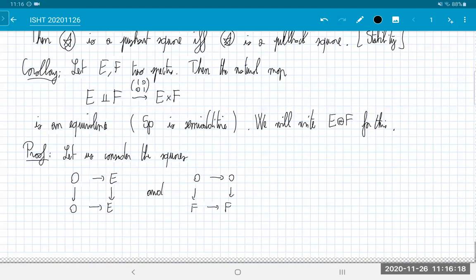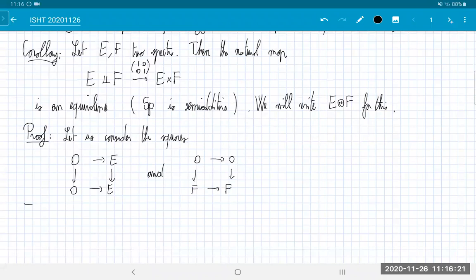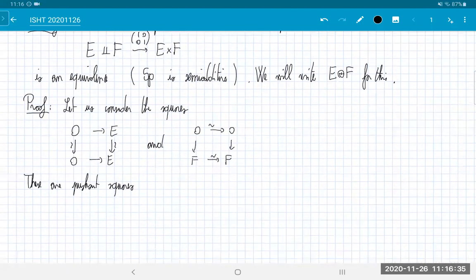Okay, these are very stupid squares, but these are push-out squares. Because parallel arrows are equivalences, well, they're the identity, so not much is going on. So their coproduct is a push-out square.